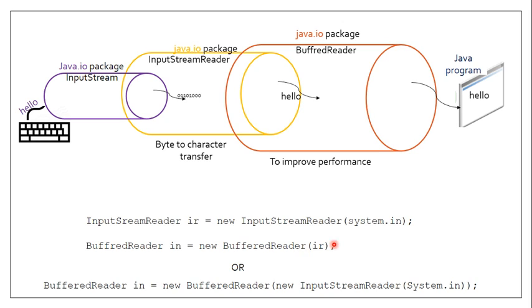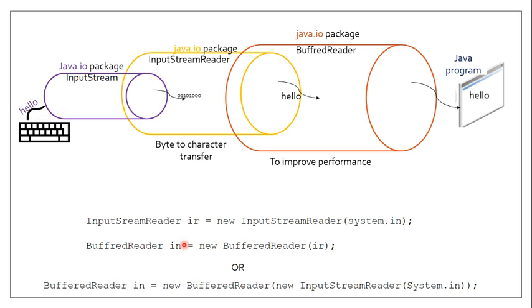One of the BufferedReader constructors can carry this InputStreamReader object. Once we pass this object to the BufferedReader, it will carry the data in the object and move this data to the destination, by using BufferedReader methods.